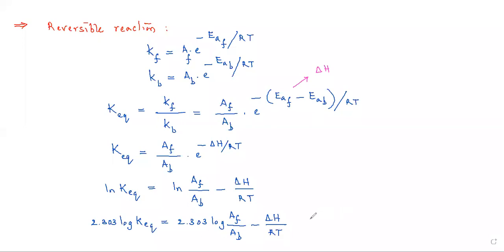Or from this, we can write the final expression as log K equilibrium is equal to log AF by AB minus delta H by 2.303 RT.